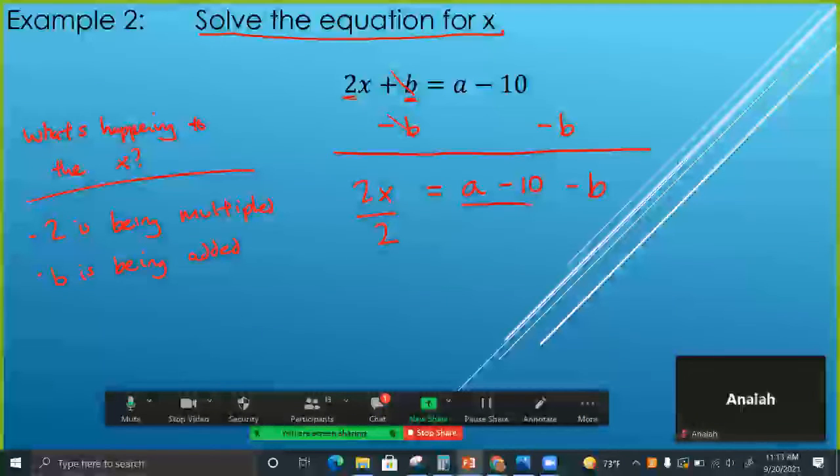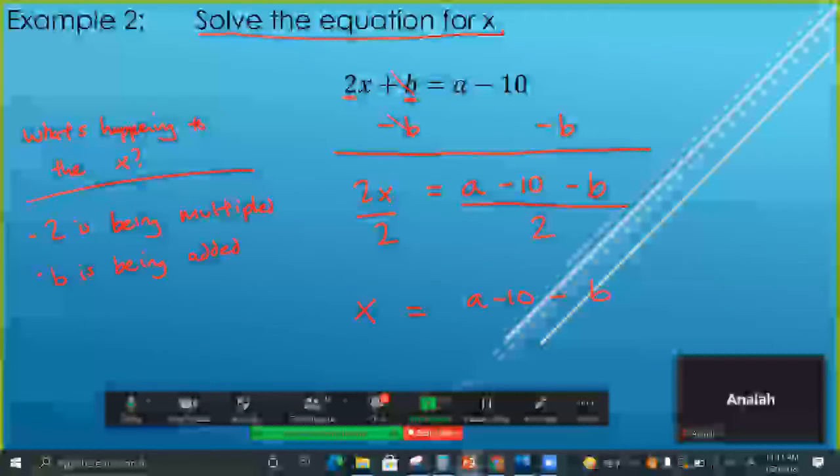So I'm going to draw a division bar under the whole right side and then put my 2 underneath it. So that's a minus 10 minus b, that whole quantity divided by 2. And what are we left with? X equals a minus 10 minus b, all divided by 2. And there's our answer. We've solved it for x.